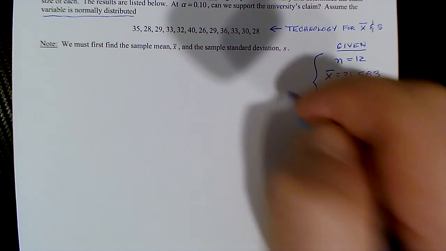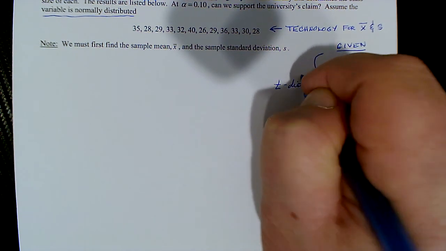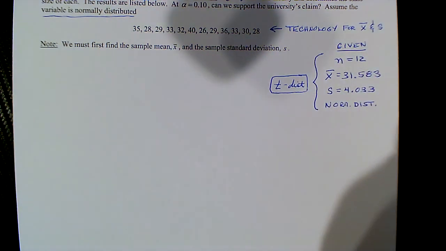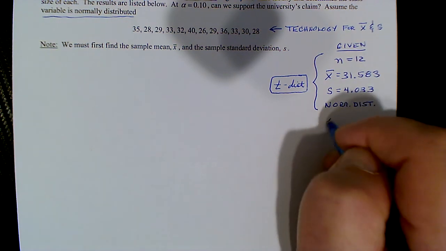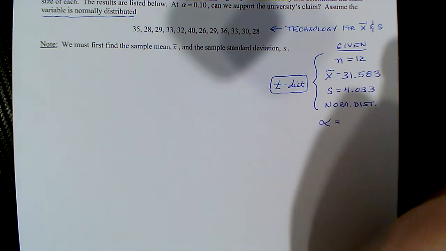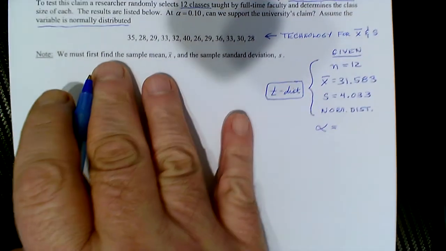But this tells us to use the t-distribution because we don't know the population standard deviation sigma. Alright, so then from here it's the same routine as the previous problems, but again, when you have the raw data, use technology. You don't have to do that by hand. So alpha's 0.10 here.